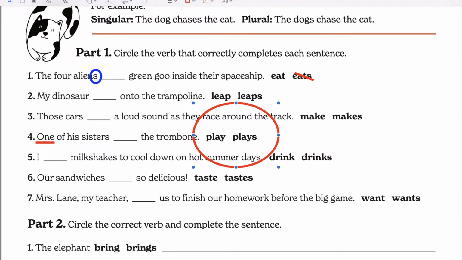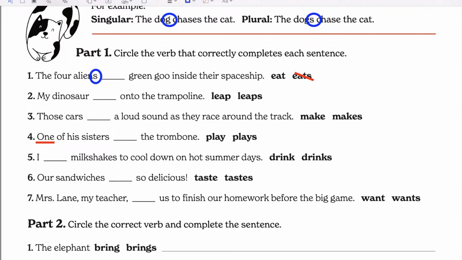Change that to blue like we have the other one. Is our subject singular, as it is in this case, dog? Or is our subject plural, as is the case here, dogs?